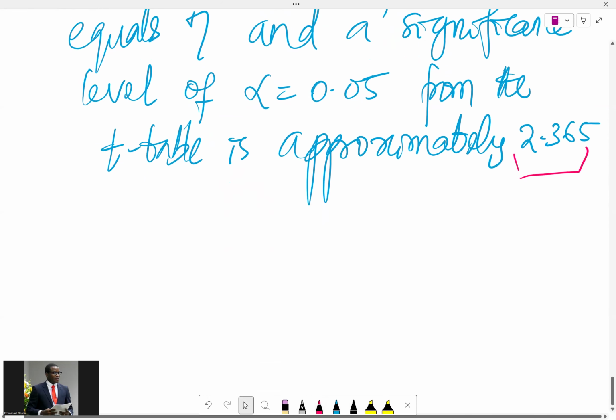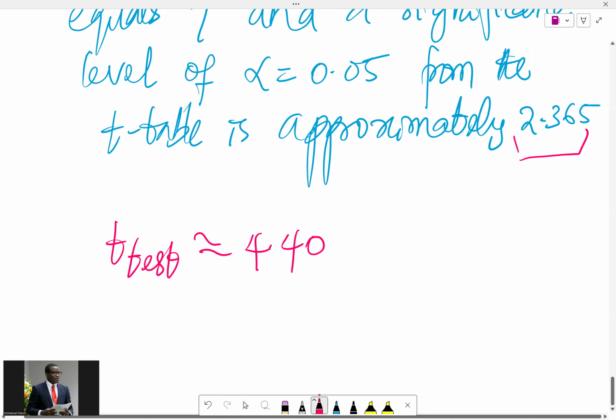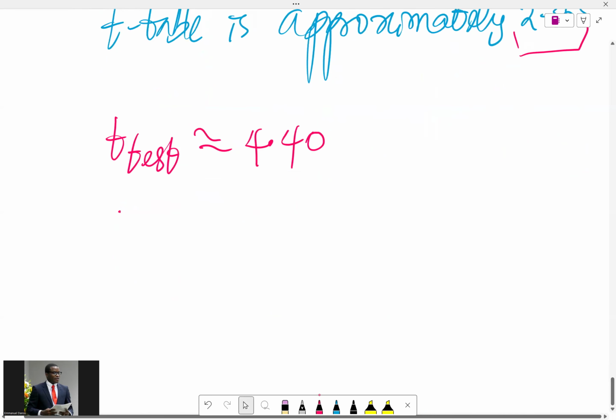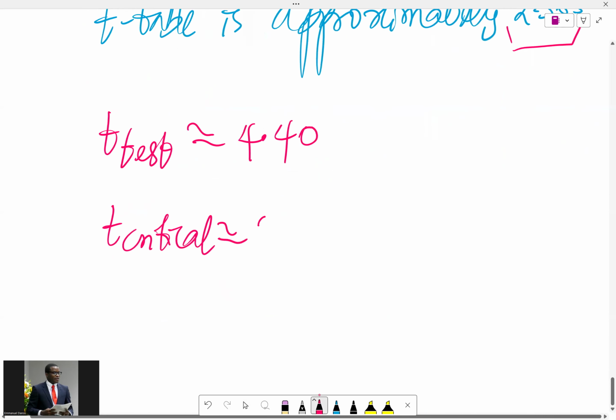So in short, what we now have is that t test is approximately 4.40, whereas t critical, the critical value we just found, is approximately 2.37.